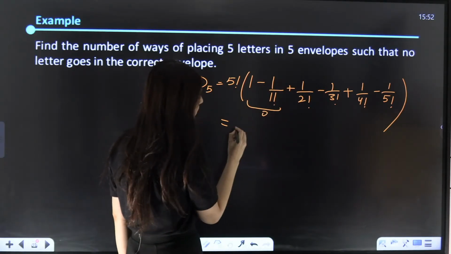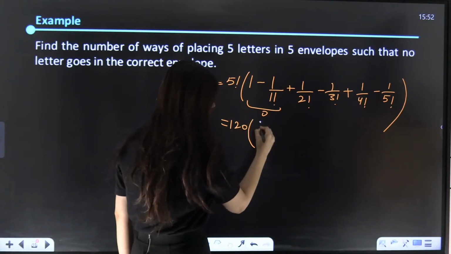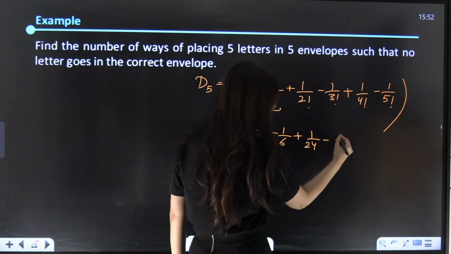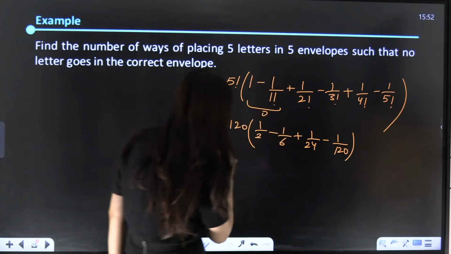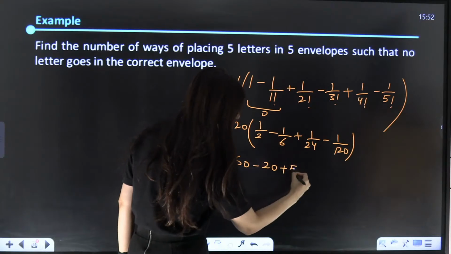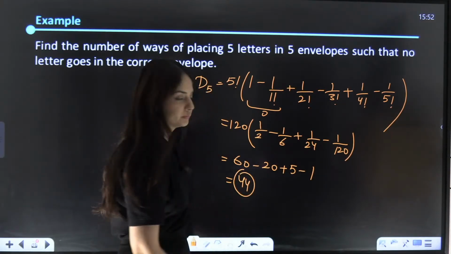So 5 factorial times (1 by 2 minus 1 by 6 plus 1 by 24 minus 1 by 120), that is 60 minus 20 plus 5 minus 1, which is 44.